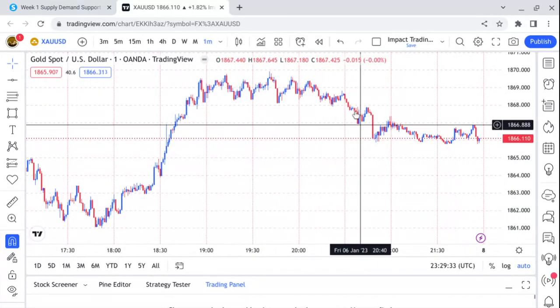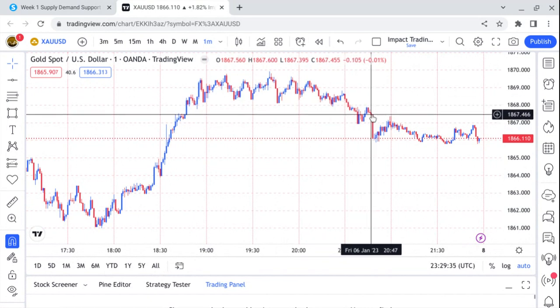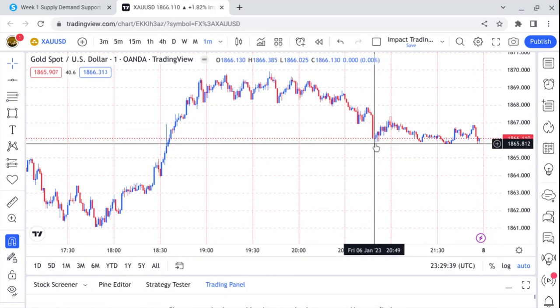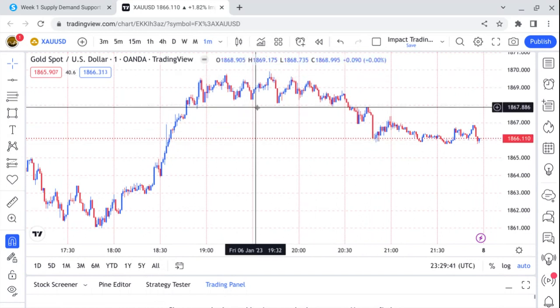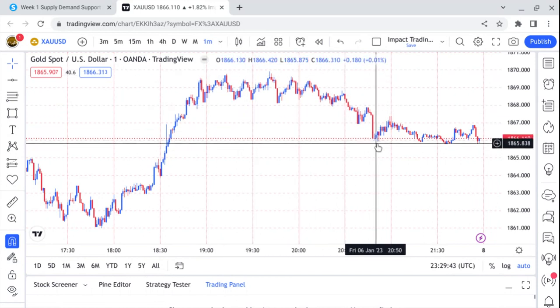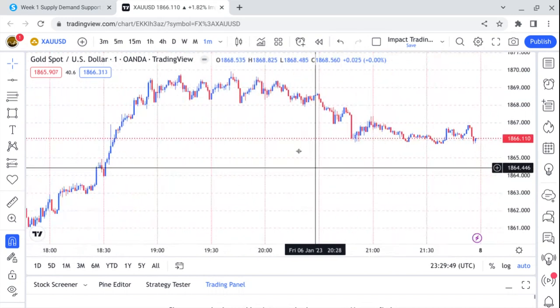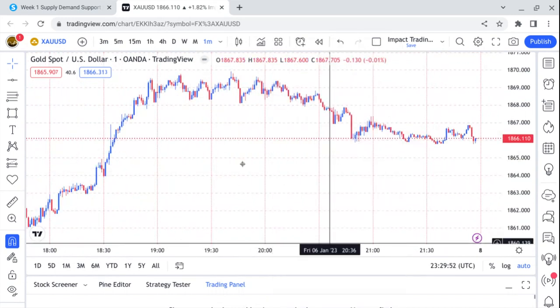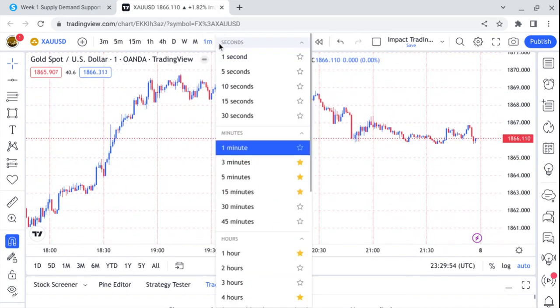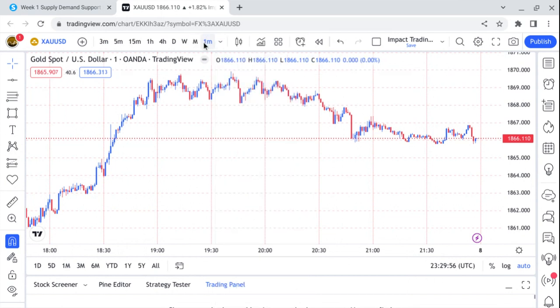Supply, demand, and then you have a sell off right here on the 1 minute chart. Supply, demand, and then you have a support resistance on the 1 minute chart. So this method works for every time frame and every type of trader.